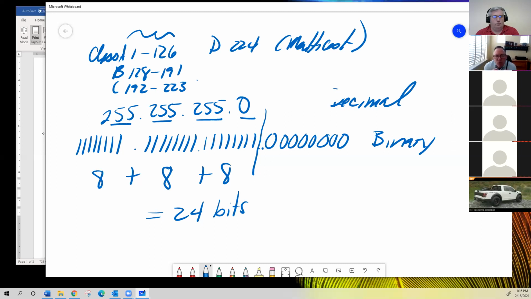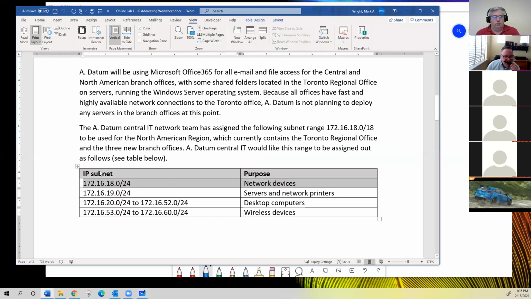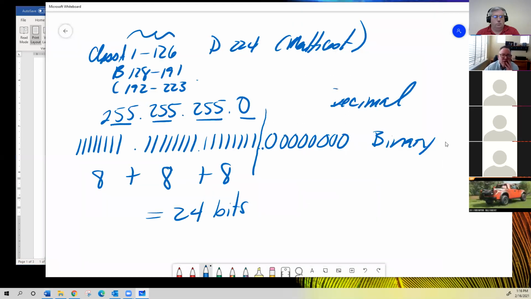Well, in this case, their number is 172.16, 18 or 19 or 20, whatever. This is 172 net. So when you say 172, that falls in class B, 128 to 191.